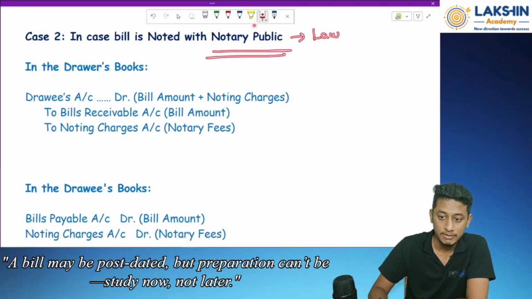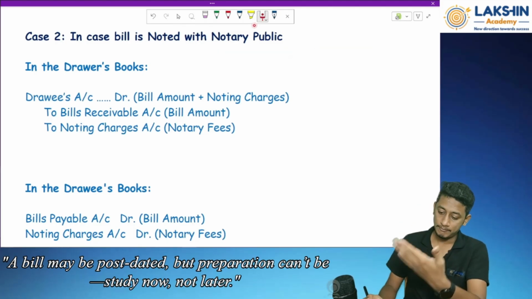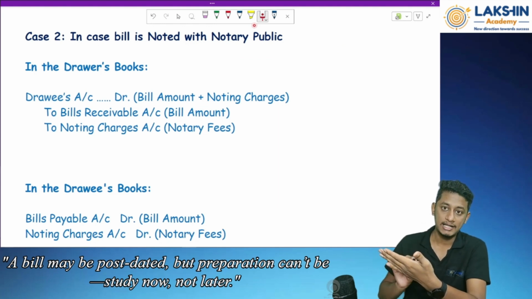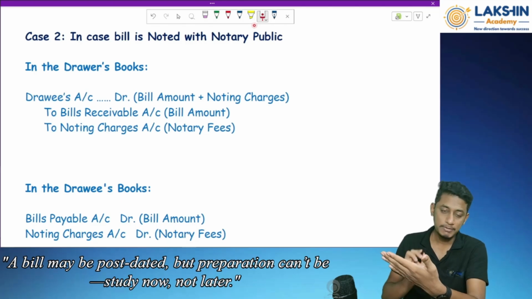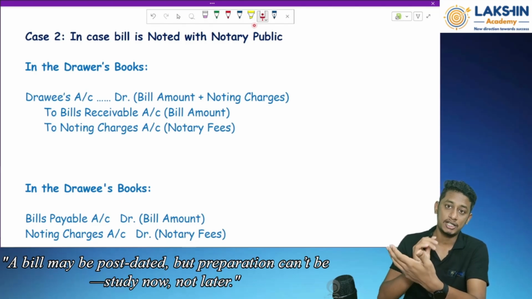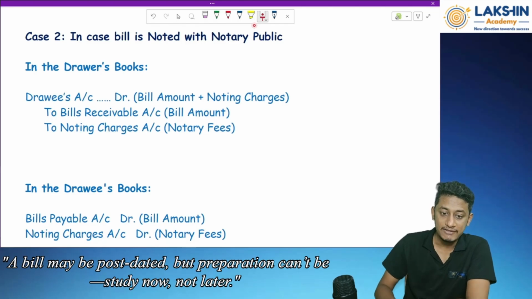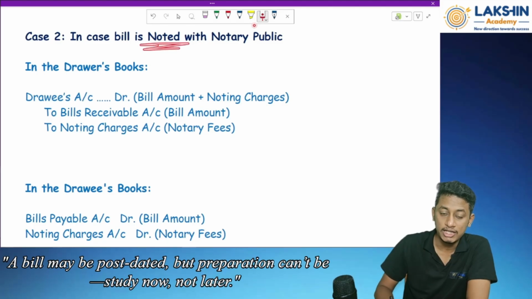Some of the lawyers have the license to practice as a notary public. So what do they do? They will take the bill, look at the transactions and verify and sign it and say that this was a valid bill. So Mr. B has not made the payment and this can be taken to the courts for putting a case on Mr. B. For that he will charge something called notary. The process is called noting of the bill.